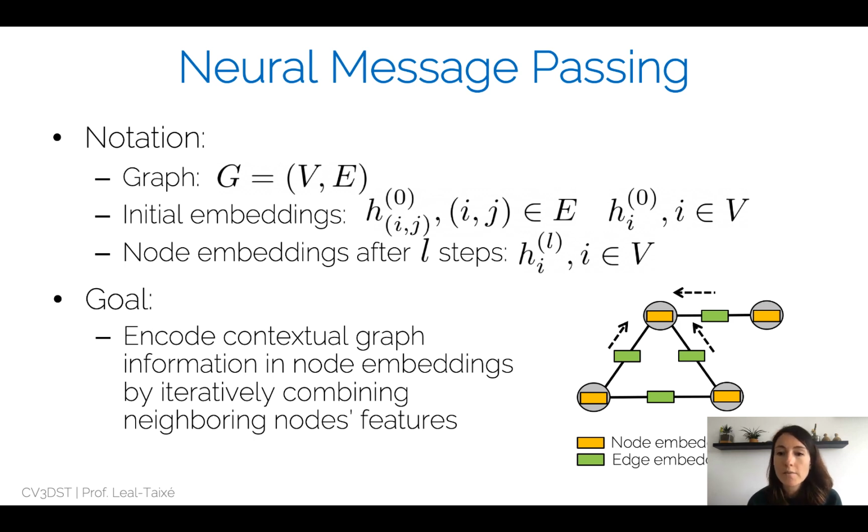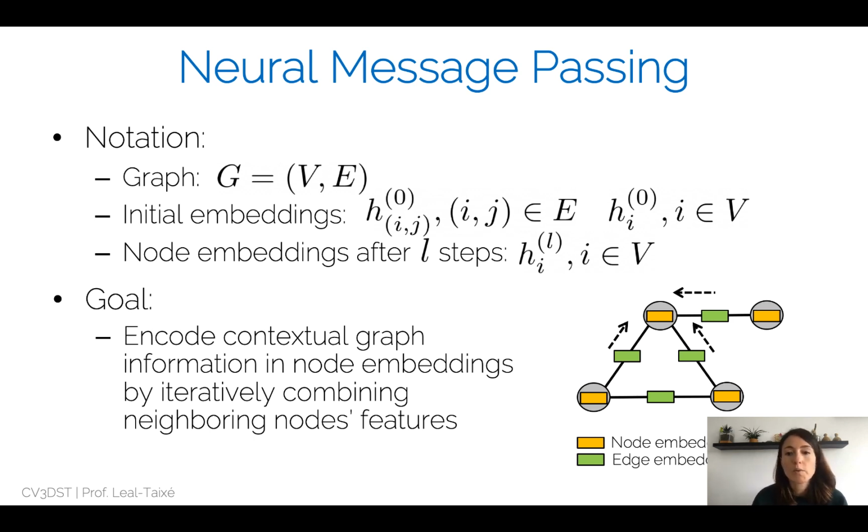And so we'll have the embeddings of our nodes, which are H_i, and the embeddings of our edges, which are represented by H_i,j. Here we'll also denote the step of these embeddings. So 0 means that these are the initial embeddings. As soon as we perform a message passing or an information propagation step, this embedding is going to be updated to step 1, for example.